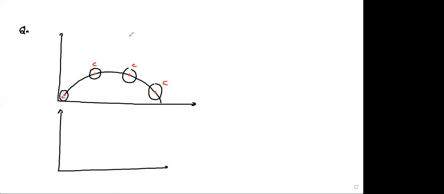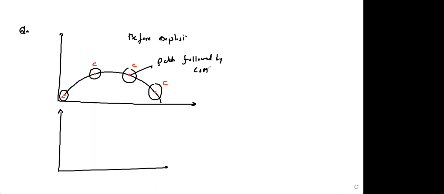This is before explosion. This is the path followed by the center of mass. What will happen after explosion? After explosion, will the center of mass follow the same path or will it deviate?